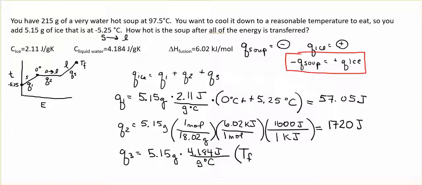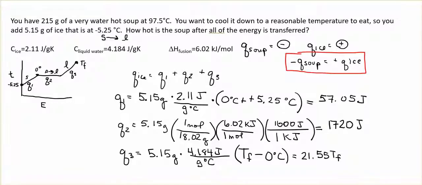We don't know what the T final is. After all of the energy is transferred from the soup to the ice, that's the final temperature of both. So the final temperature minus the initial temperature of this ramp is 0, because that's where the phase change occurred. So the initial temperature there is 0. So now 5.15 times 4.184 times T final gives us 21.55 T final.